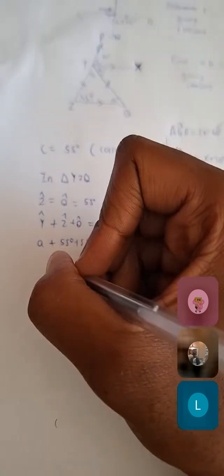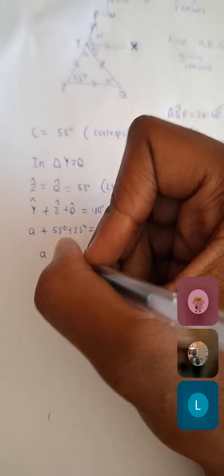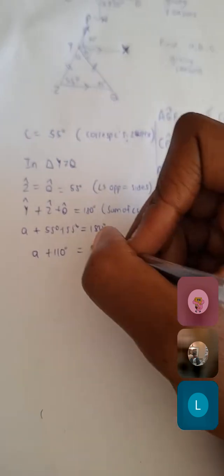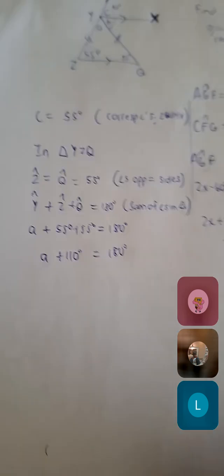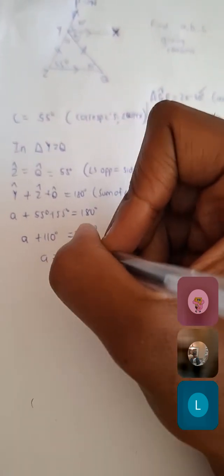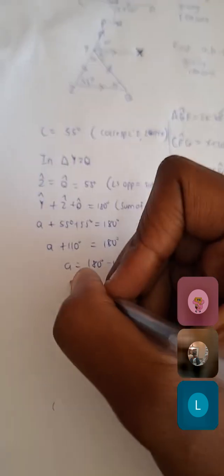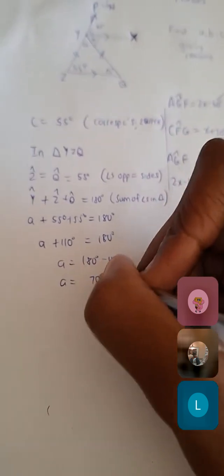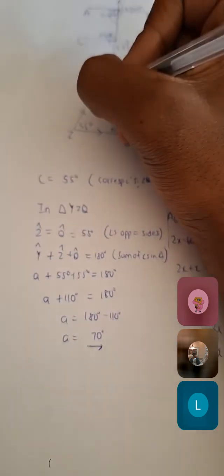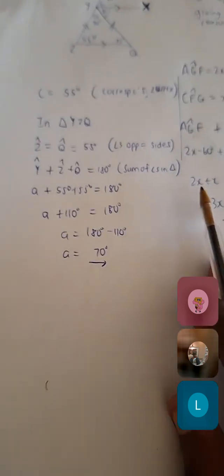Then A is 55 plus 55, which is 110. Then A is equal to 180 minus 110, and A is equal to 70. Nice. Updated diagram: A is 70.